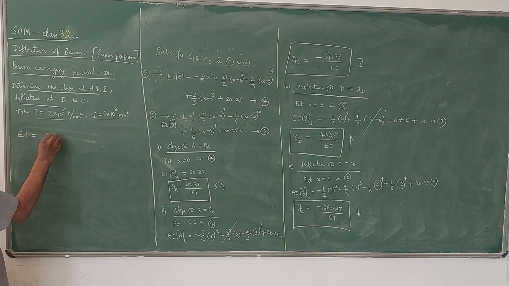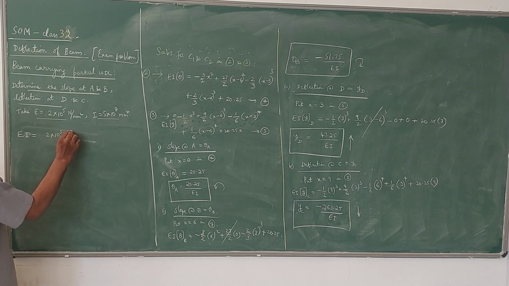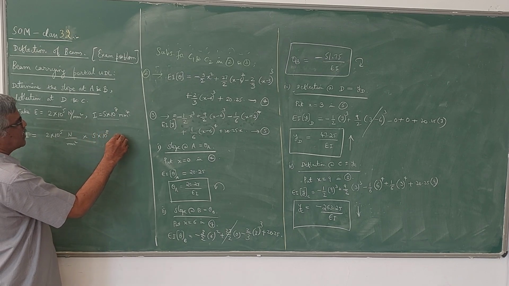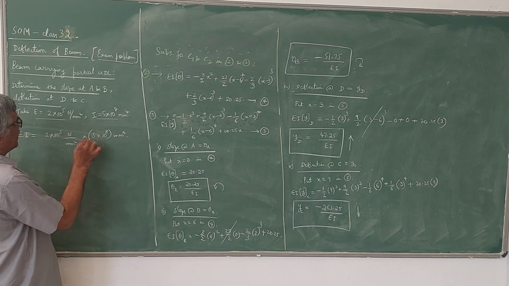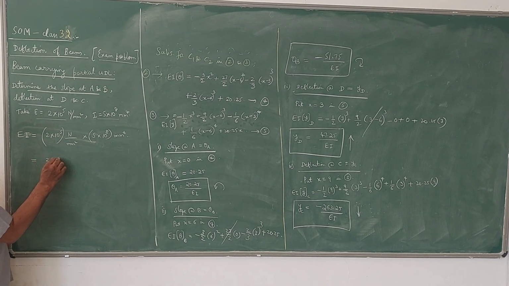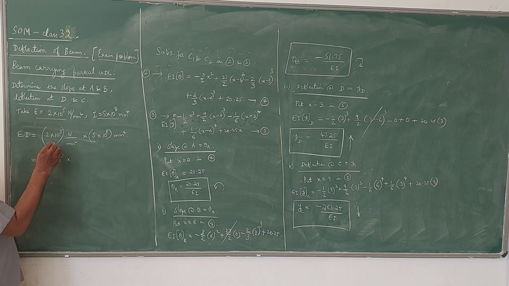E is given as 2 into 10 power 5 Newton per mm square, and I is given as 5 into 10 power 8 millimeter to the power 4. These are the units given, but let us convert this into kilonewtons and meters. This step is important.